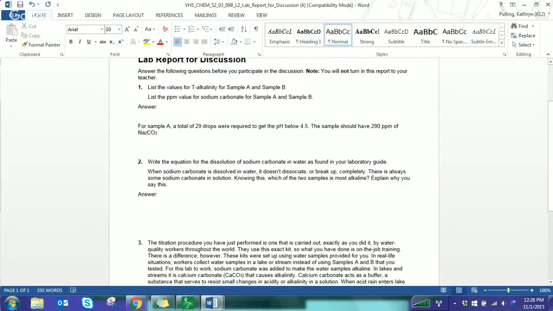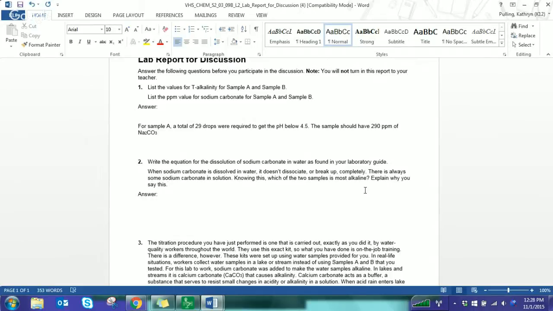So, this writing the equation. The equation is written in your lab manual, so you don't need to necessarily do this on your own. But the key is, once you know this dissociation and you look at your samples from before, particularly the number of drops for the phenolphthalein part, that's going to help you decide which of your solutions was most alkaline at the beginning, right?